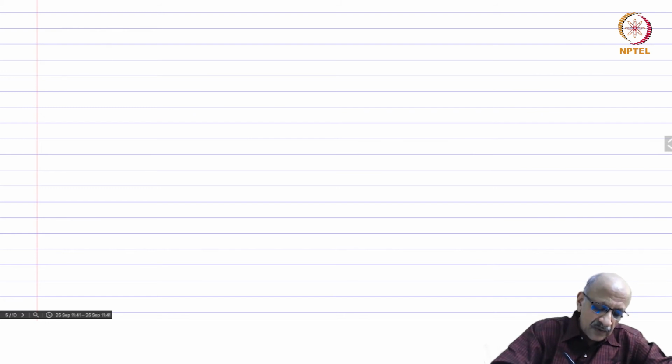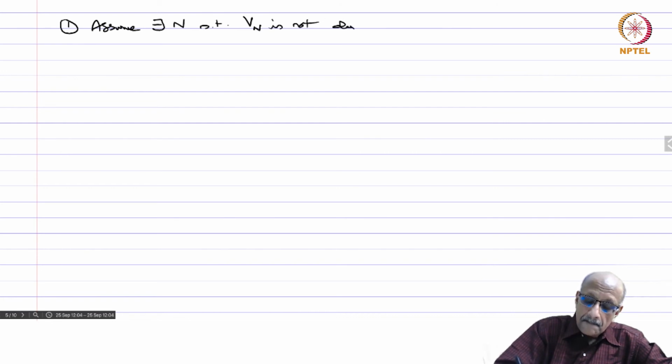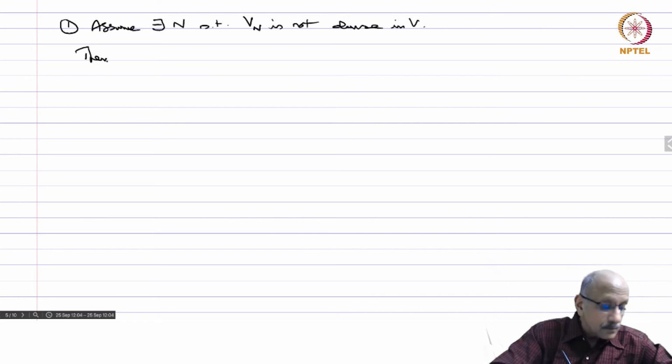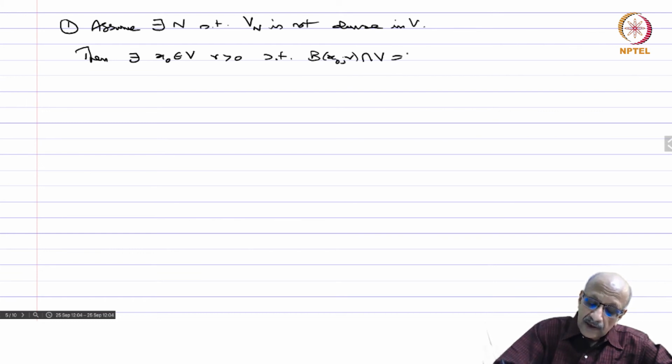Okay, so first assume there exists an n such that Vn is not dense. Then there exists x naught in V and an R positive such that the ball B(x naught, R) intersection Vn is empty.